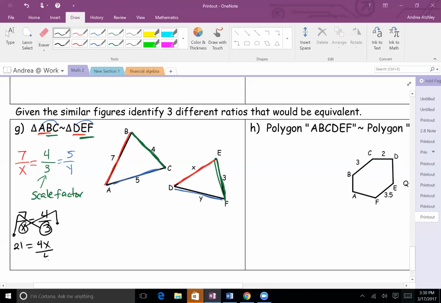We're going to divide by 4, and that'll give me X equals 5.25.